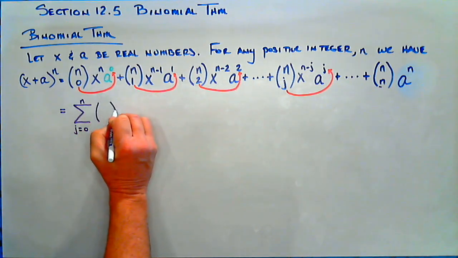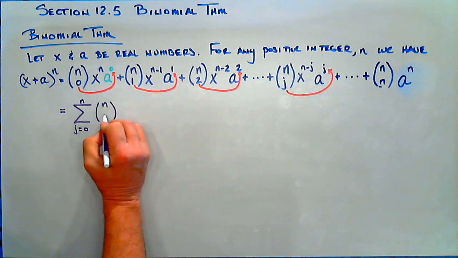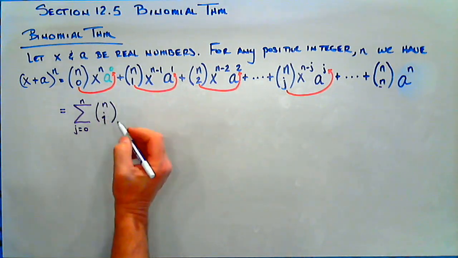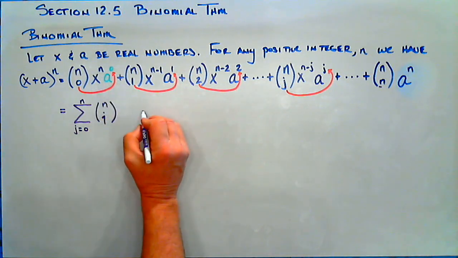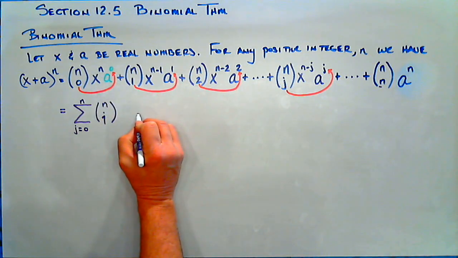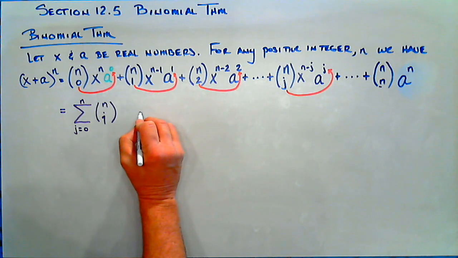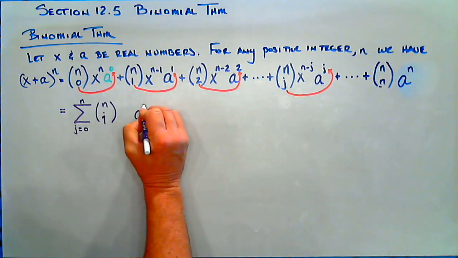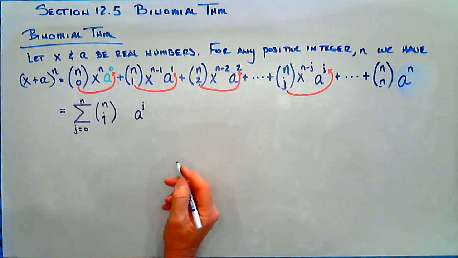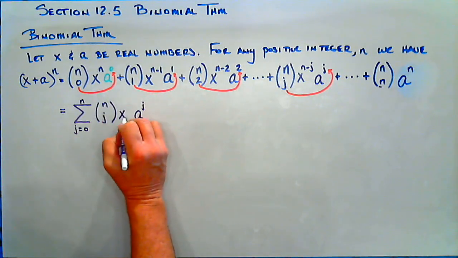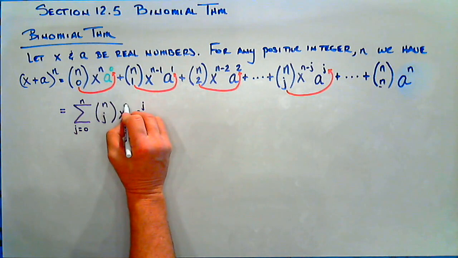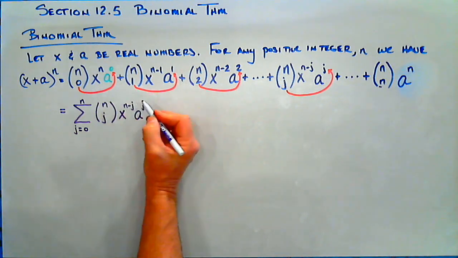What do my coefficients look like? They look like n choose j, right? And then what are my powers? Well, let's write this one down first. This one's easier to write. a is going to have j for a power, and x is going to have n minus j for a power.